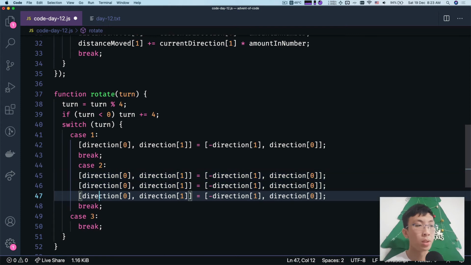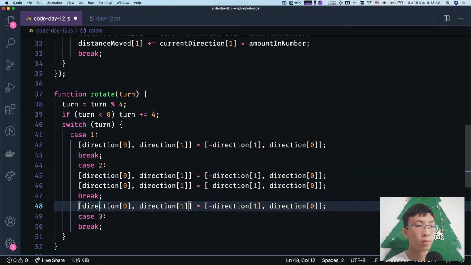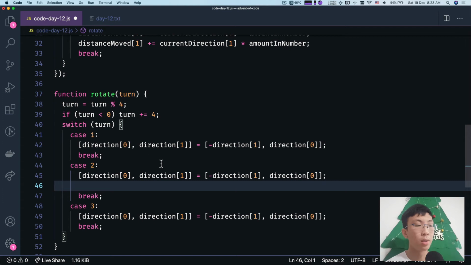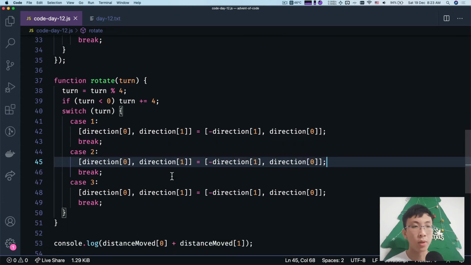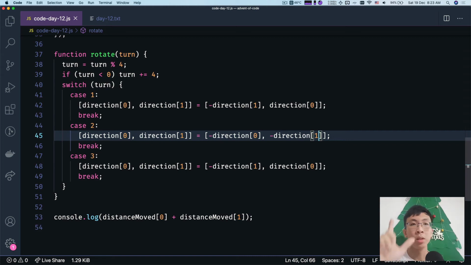So I'm going to copy this over because we're going to follow this way of writing. So if it's 2, it's moving all the way opposite, right? Which means it'll be a negative of 0 and a negative of 1. And 3 is actually moving a 3/4 turn of a circle, which is almost like this.